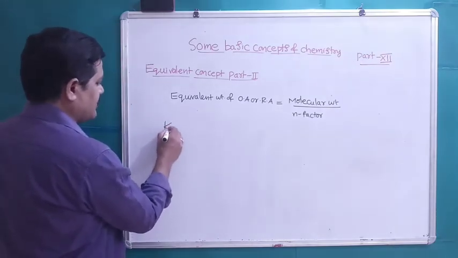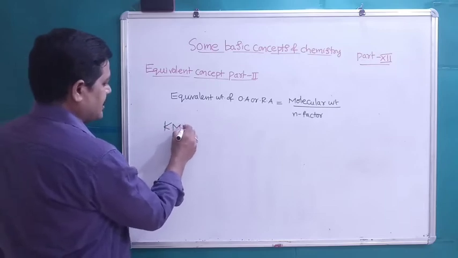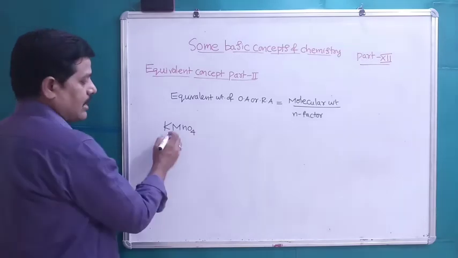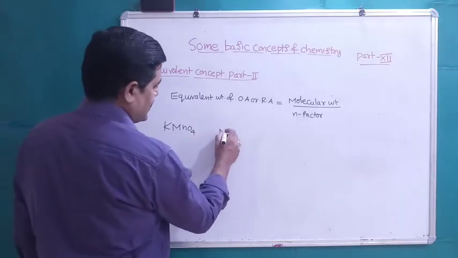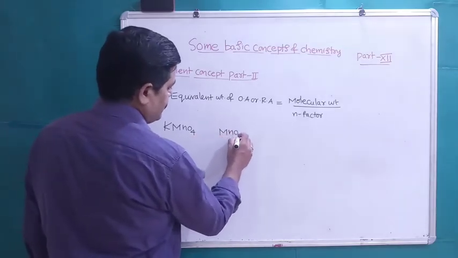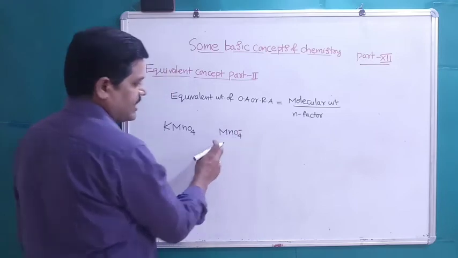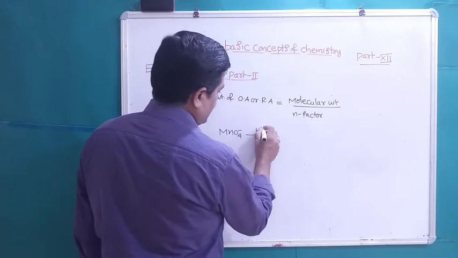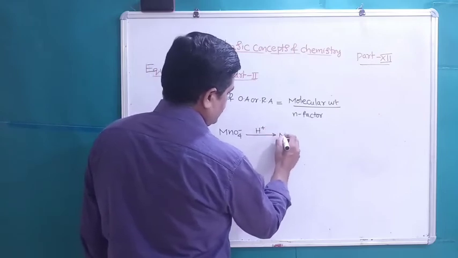Potassium permanganate, we know it can act as an oxidizing agent in all the mediums, right? So the ionic form of potassium permanganate we can write as MnO4 minus, permanganate ion. In the acidic medium, the permanganate ion is converting into Mn2+.